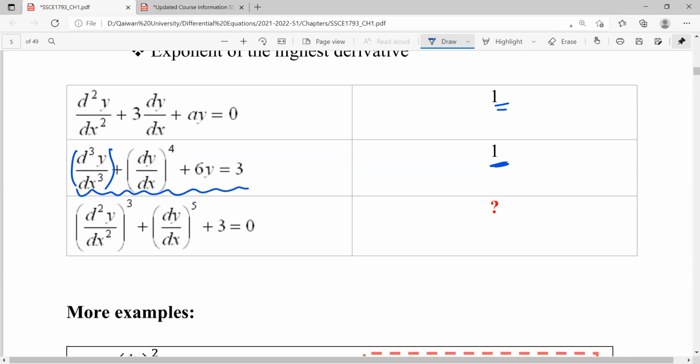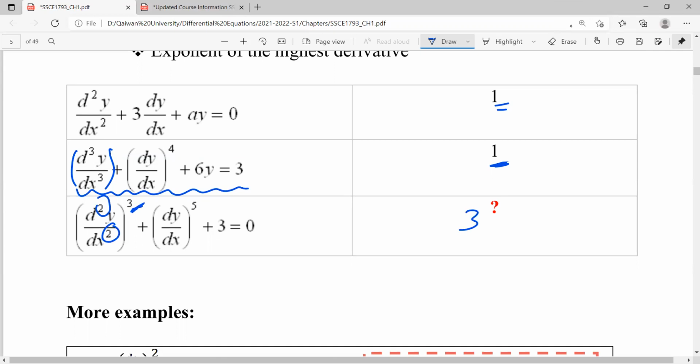And the last one, we have d squared y by dx squared to the power 3 and dy by dx to the power 5 plus 3 equals 0. Here, the highest derivative has order 2. The order is 2, and the degree is 3.